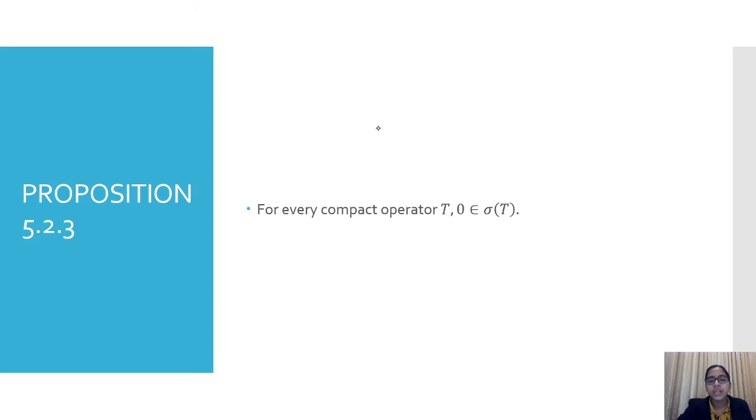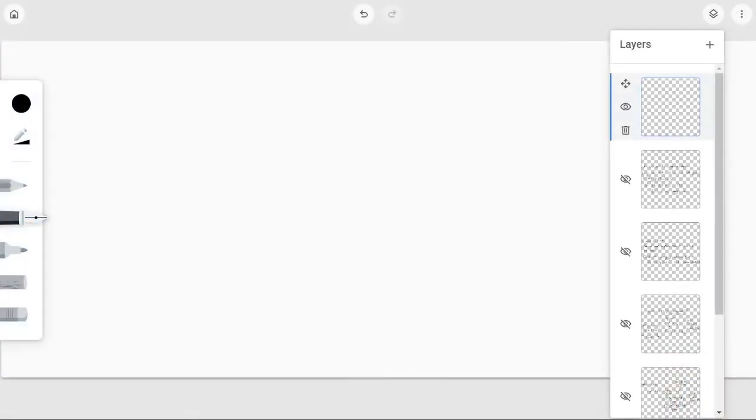For that we are going to use the method of contradiction. First of all, I am going to assume that 0 does not belong to sigma of T. If 0 does not belong to sigma of T, then (T minus 0I) inverse exists, right?